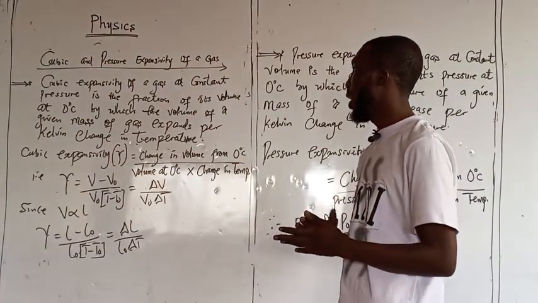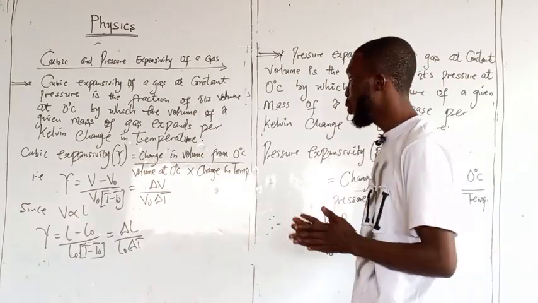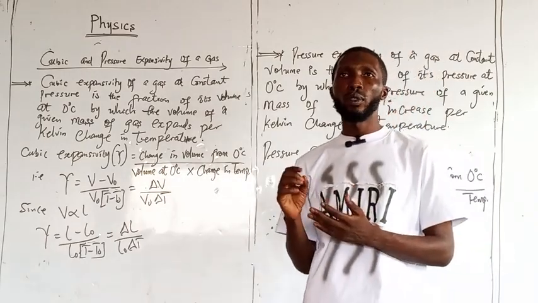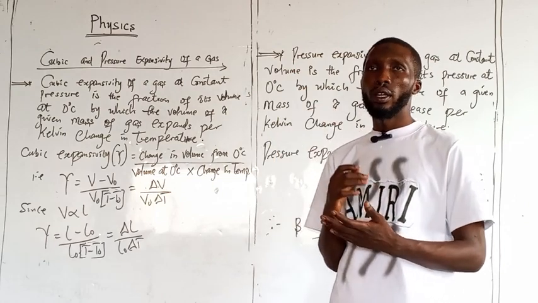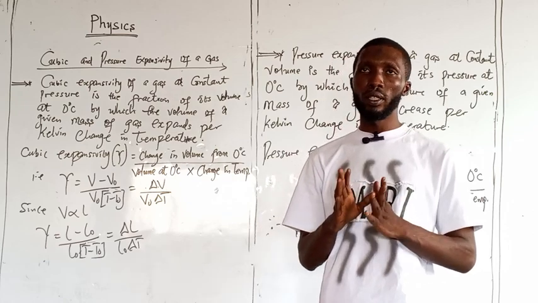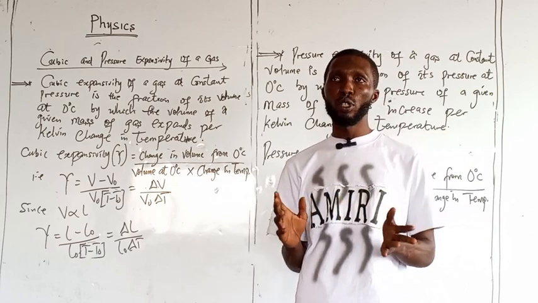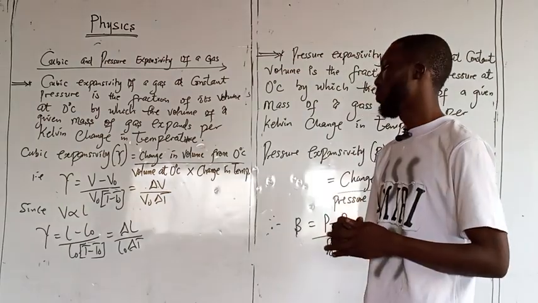And we define the cubic expansivity of gas as the ratio of the change in volume from the temperature 0 degrees to whatever temperature you have to that of the initial volume, that is the volume at the temperature 0 degrees Celsius, multiplied by the change in temperature that causes the rise in volume, or the change in volume.